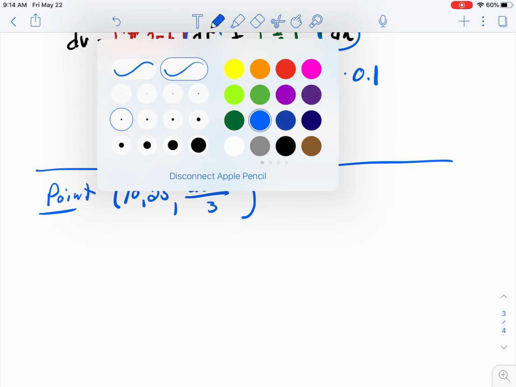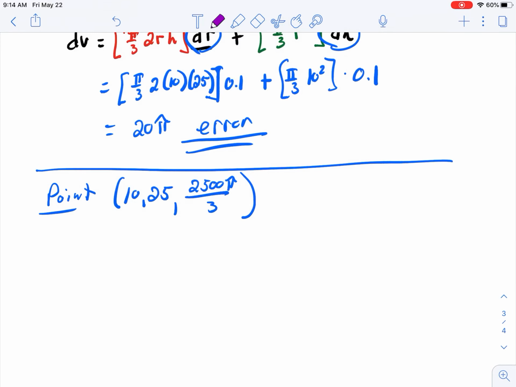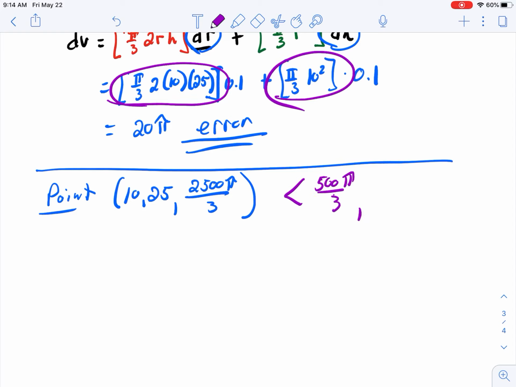Now, I'm getting my slopes from here and here. My slopes would be 500 pi over 3 and 100 pi over 3.